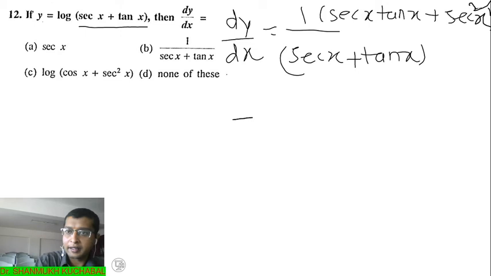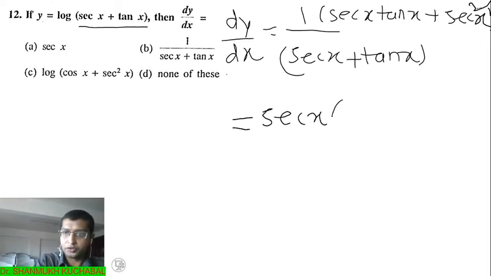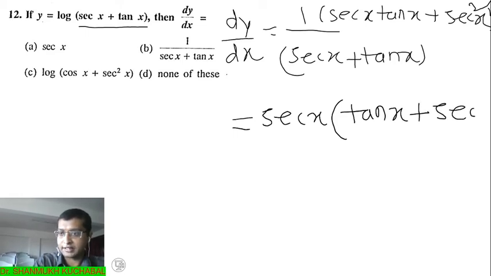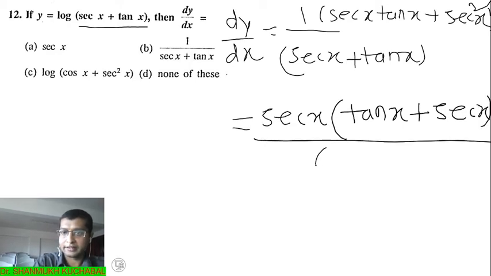Then in the numerator we can see that sec x is common, so I take sec x common from the numerator. We are left with tan x plus sec x, and sec x is outside, whole divided by sec x plus tan x.